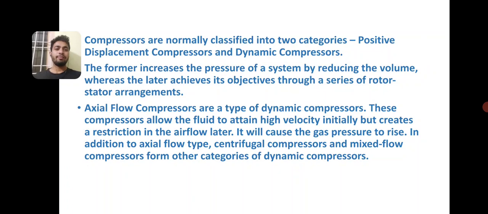Axial flow compressors are a type of dynamic compressor. These compressors allow the fluid to attain high velocity initially, but create a restriction in the airflow later. It will cause the gas pressure to rise. In addition to the axial flow type, centrifugal compressors and mixed flow compressors form other categories of dynamic compressors.